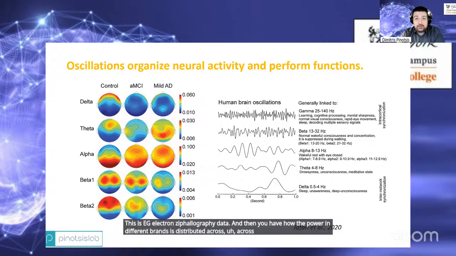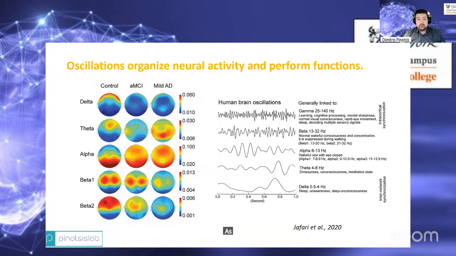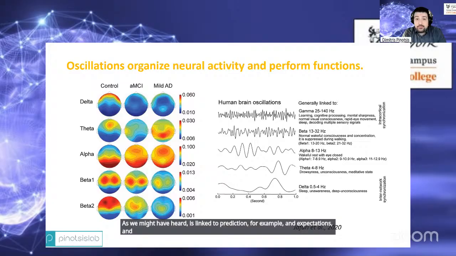On the right-hand side, you see the connection between these frequency bands and different sorts of cognitive behavior. Gamma, for example, at the top is linked to attention or mental sharpness, eye movements, etc. And beta is linked to prediction, for example, and expectations and wakeful level of consciousness.